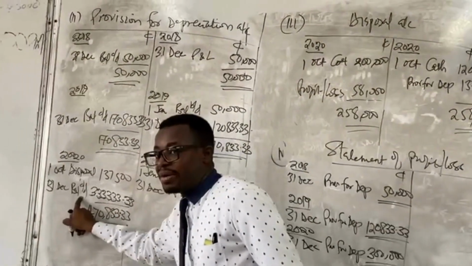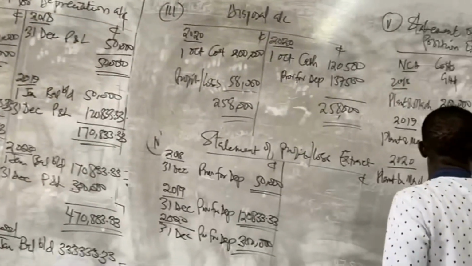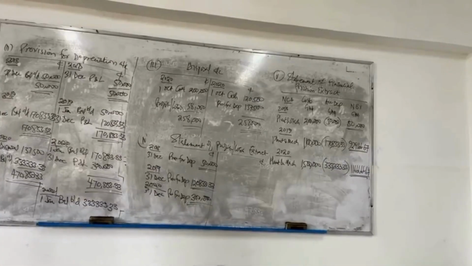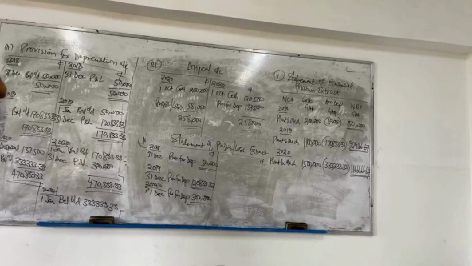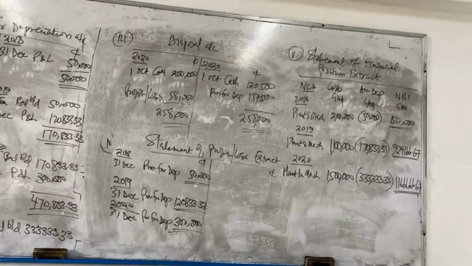We use the balance carried down. Are you good? Use the balance carried down values. Are we good? Is that understood?